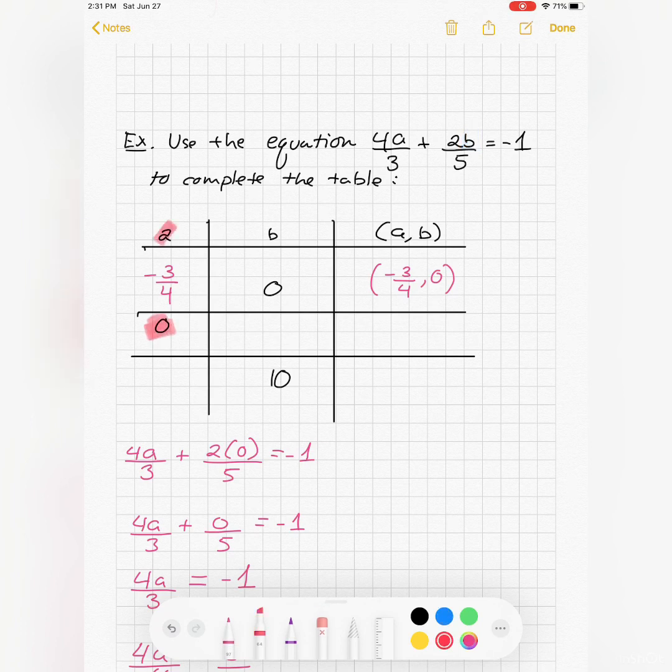Next one here, they're giving me a. So I put the a in there. Okay, so how would that look? 4 times, what was the a? 0 over 3 plus 2b over 5 is negative 1. 4 times 0 is 0, divided by 3 is 0.